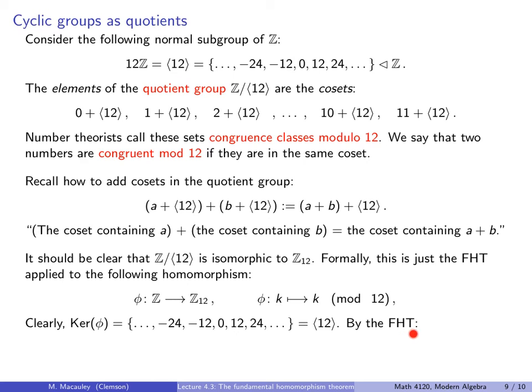So, by the fundamental homomorphism theorem, Z mod the kernel, which is Z mod the subgroup generated by 12, is isomorphic to the image. And now what's the image? This map is clearly onto. Everything gets hit. And so the image is Z12. So, in other words, Z mod the multiples of 12 is isomorphic to the cyclic group Z12.